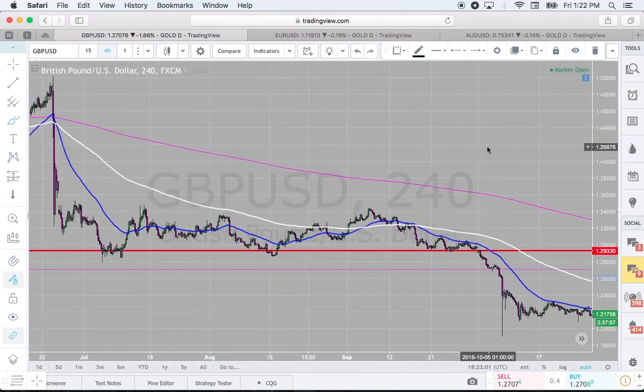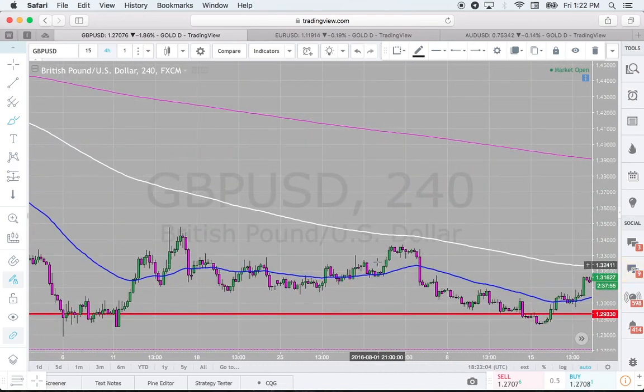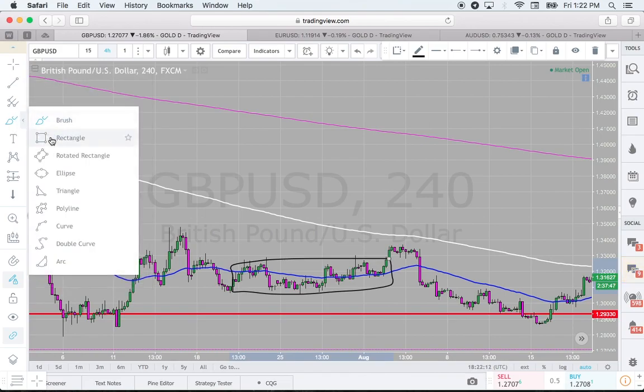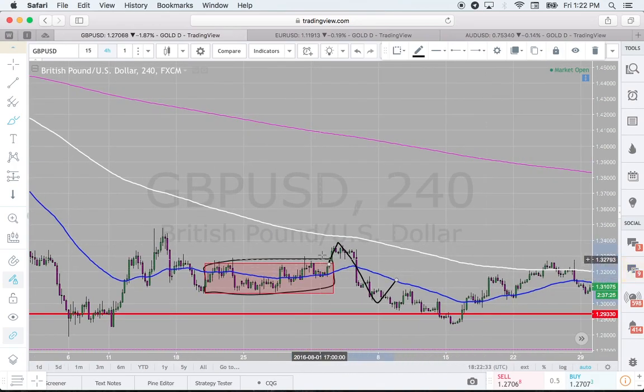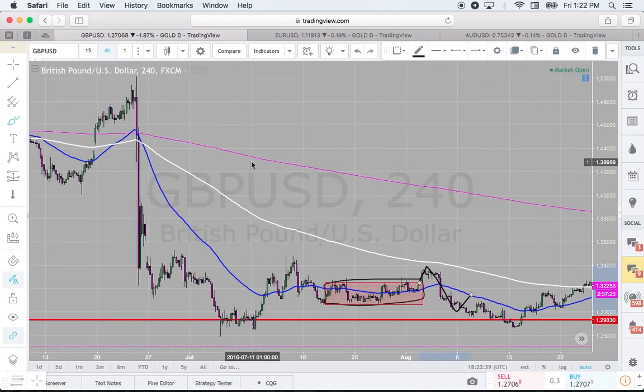We will see chunks of consolidation like this, where price consolidates in this area and the dealer will spike to the high or to the low and then create that whipsaw off of the consolidation. And that is the manipulation that occurs with the consolidation.